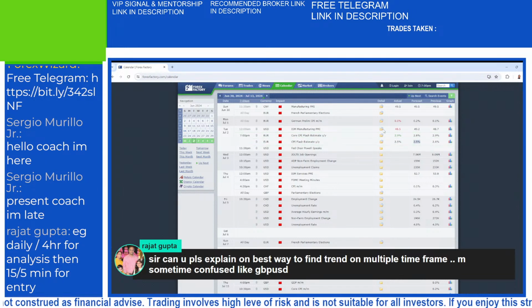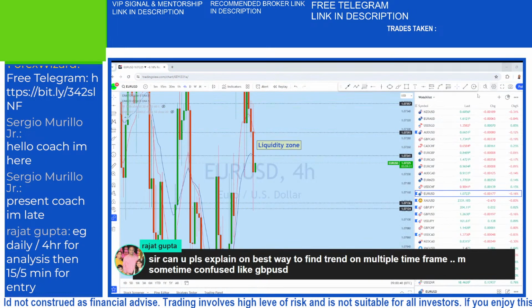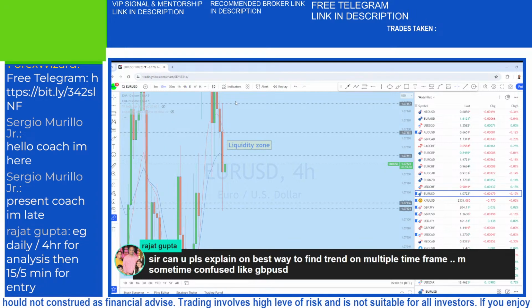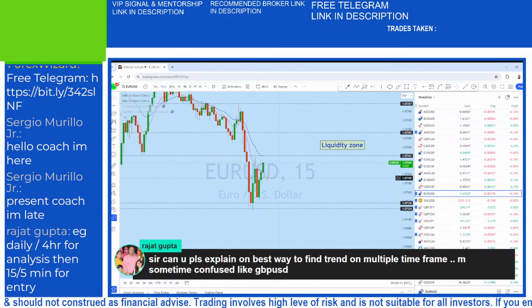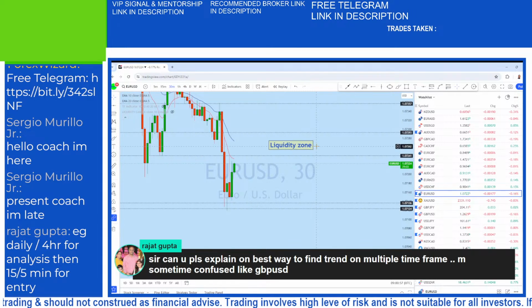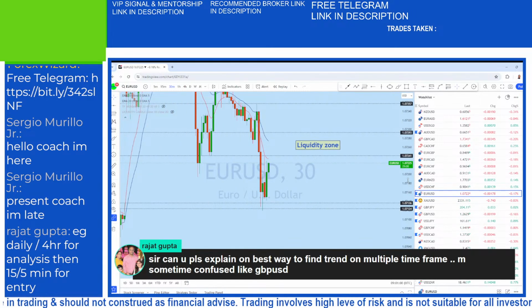So pretty important here, and we can see it's trying to break out, which is expected with the news to go up, and then we can look to see how the market might be doing here.